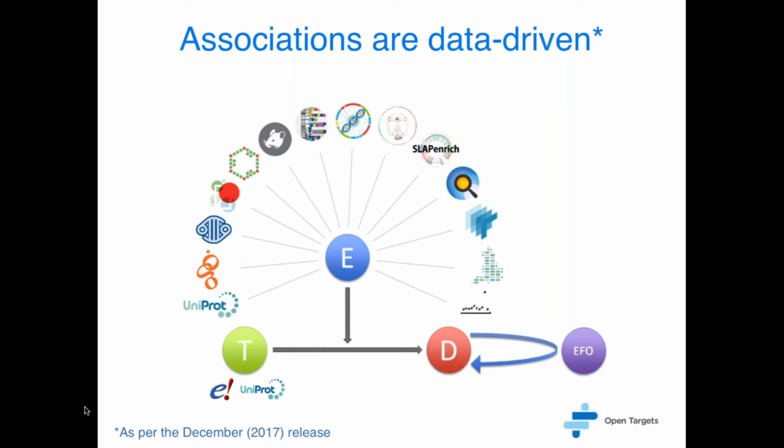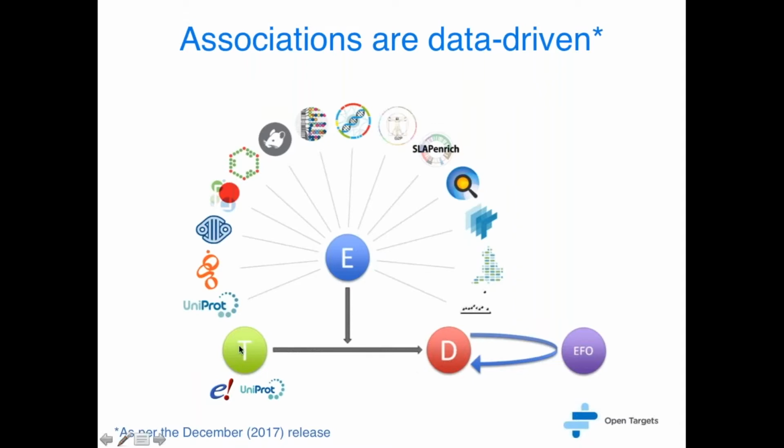So in Open Targets, we go about linking targets and diseases, and this is performed based on a huge range of data sources. So the Open Targets platform provides you with the associations, and everything you see in the platform is data-driven. So this is our data model there.